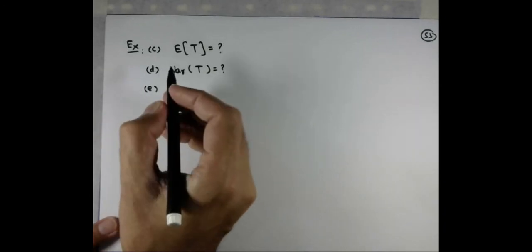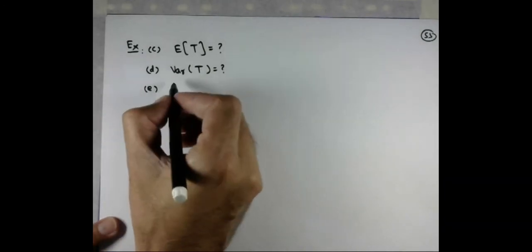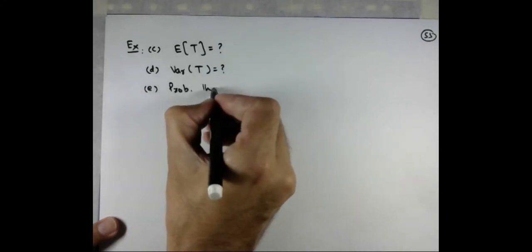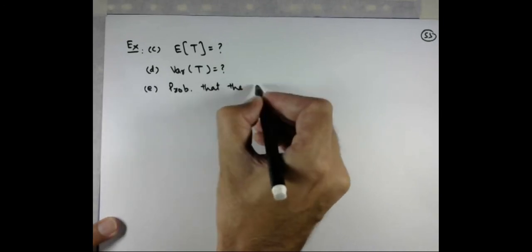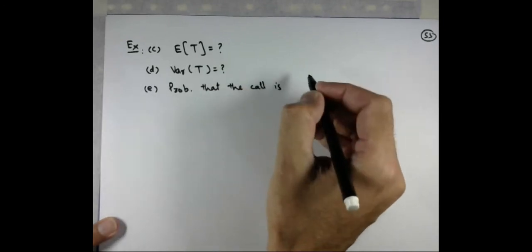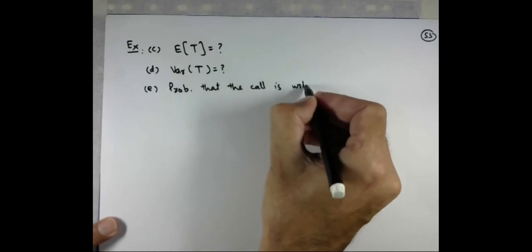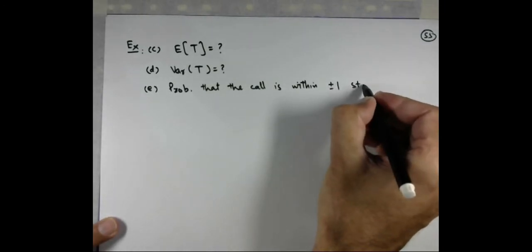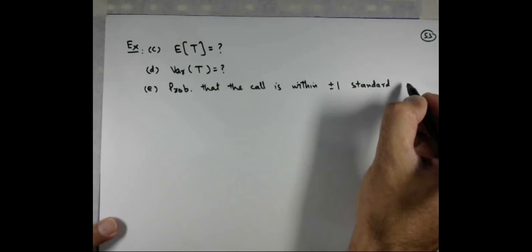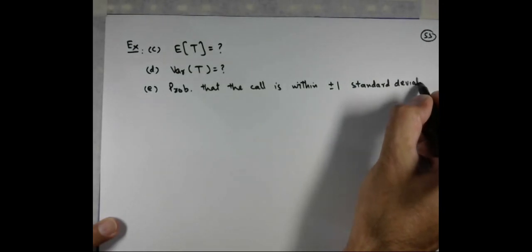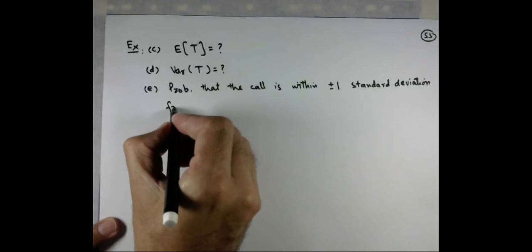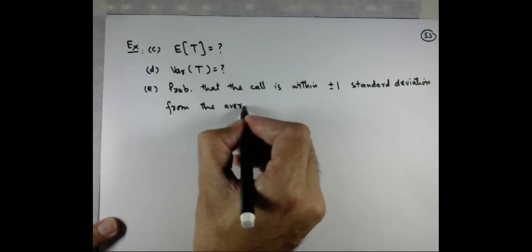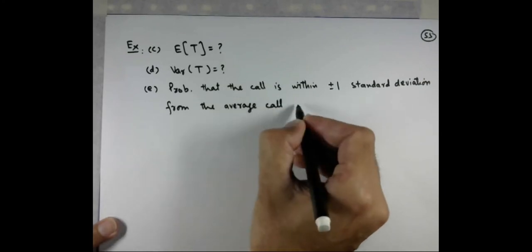In part E we'll see how we can calculate the probability that the call is within plus minus 1 standard deviation from the average call duration.